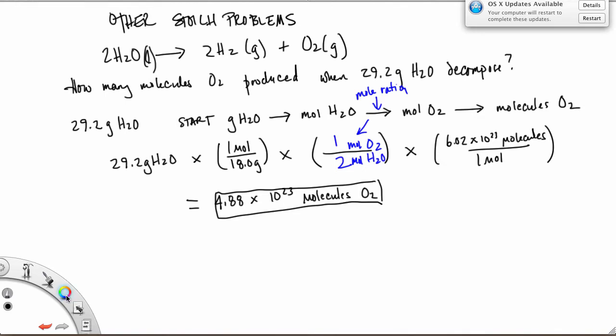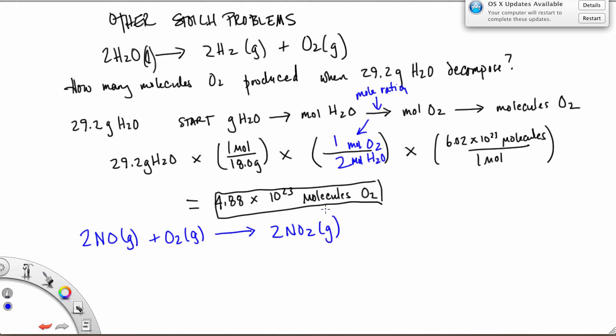In our next example, and I'll change colors here and I'll put this all in blue, we're going to work with gases. So if I have nitrogen monoxide and oxygen gas, they combine together to make nitrogen dioxide gas.